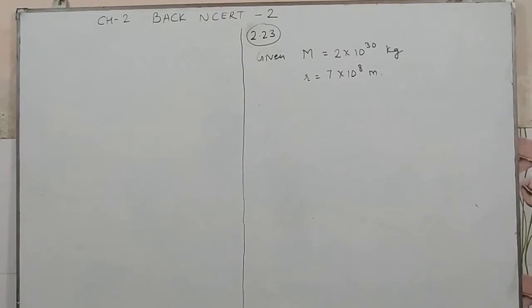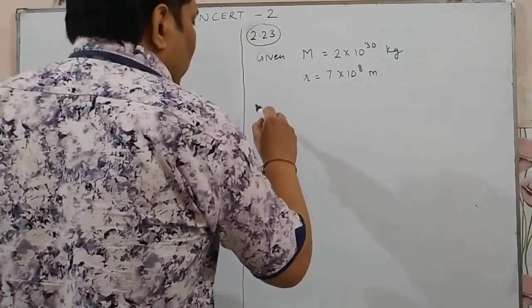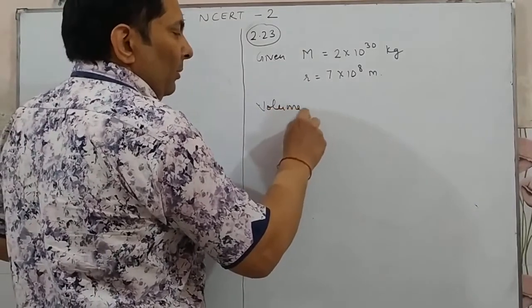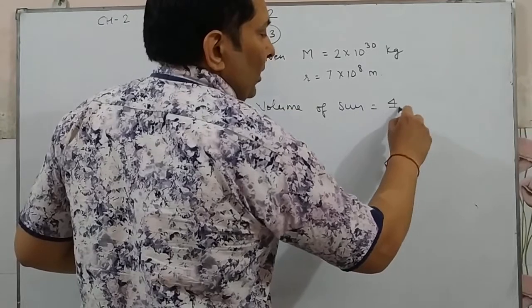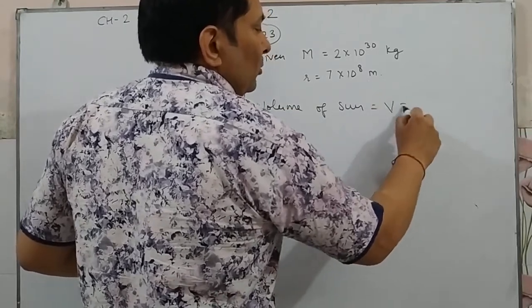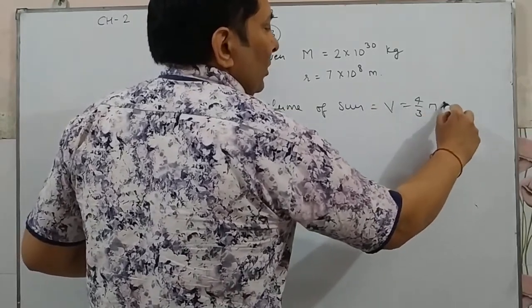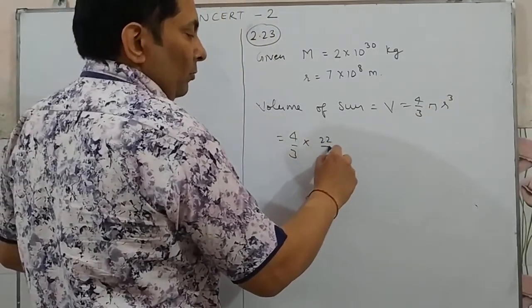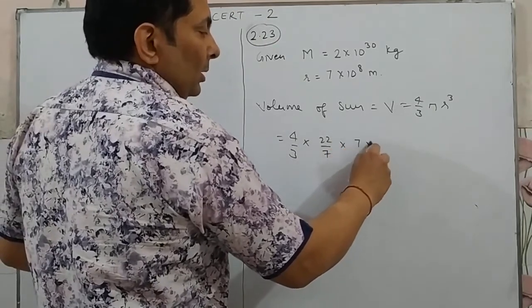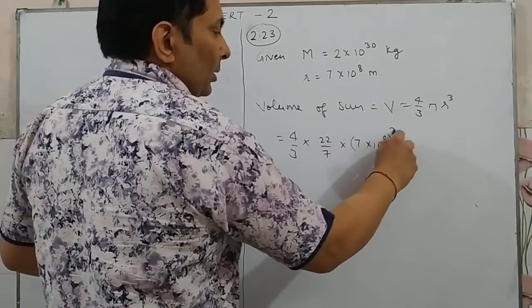For that purpose, they have given us the data that the mass of the Sun is 2 into 10³⁰ kg. I have already listed that on the board. And the radius of the Sun is 7 into 10⁸ meters. So if we go for the volume of the Sun, V equals 4 by 3 pi r cube. The result is 4 by 3, 22 by 7, 7 into 10⁸ cube.